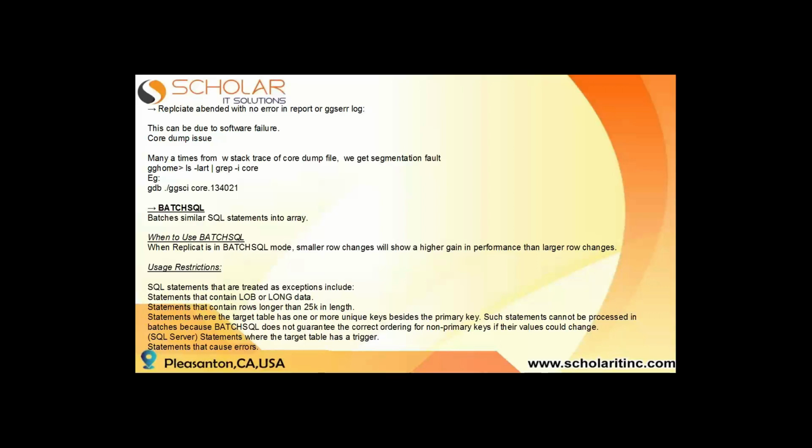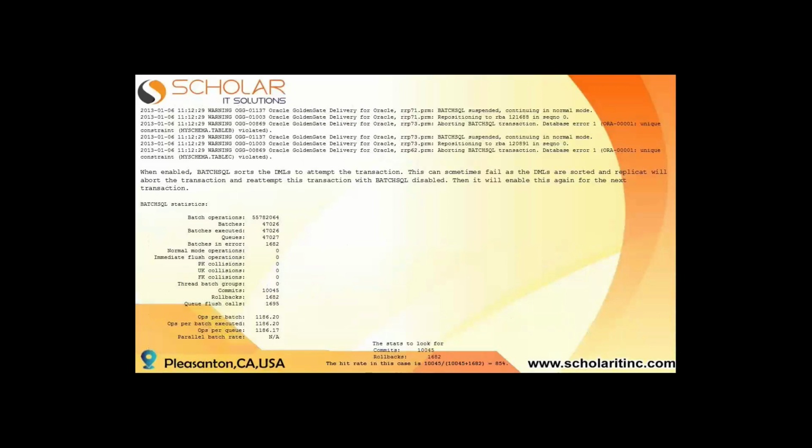But batch SQL will not always work the way you want. Small transactions, let's say if we do frequent commits, like OLTP, more number of OLTP transactions. Now, have you seen this error if you use batch SQL?